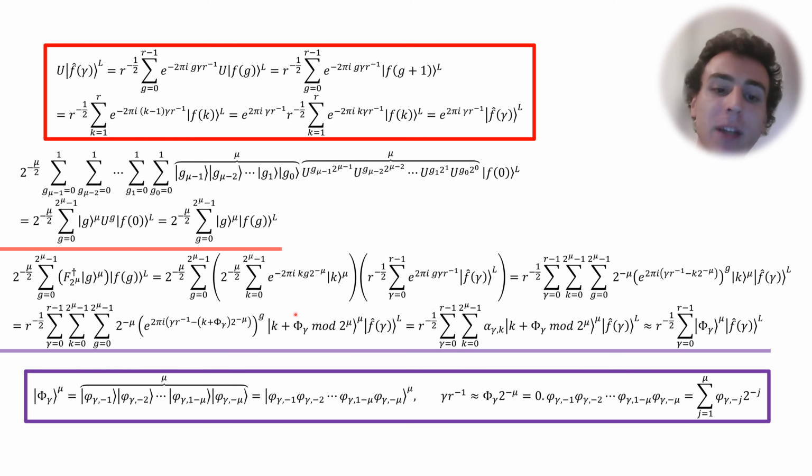So when we implement modular arithmetic, we're still going to have all of the states in the superposition. So all of the same states are going to be accounted for when we range from k equals 0 up to 2 to the mu minus 1. We're just going to shift them over by this additive factor of capital phi sub gamma. So that's what we're doing over here. We're just applying this shift to the value of k.